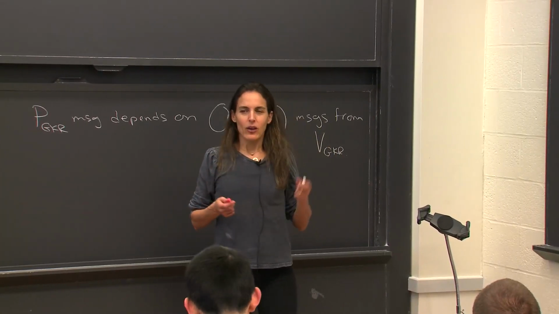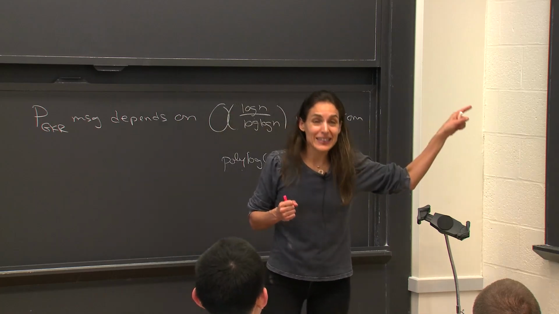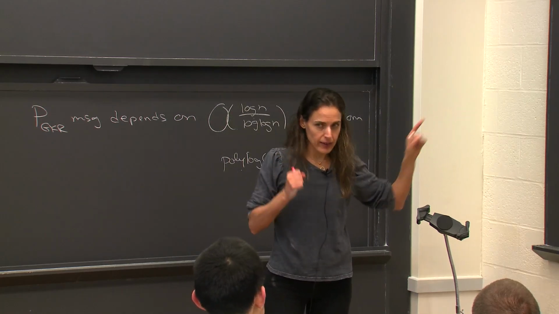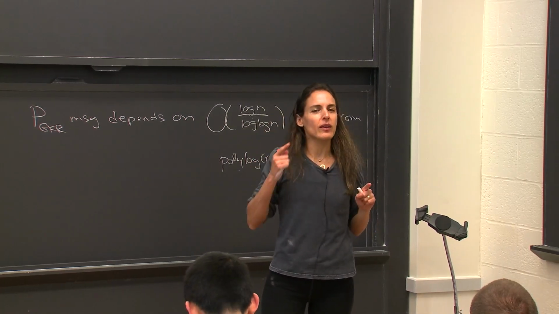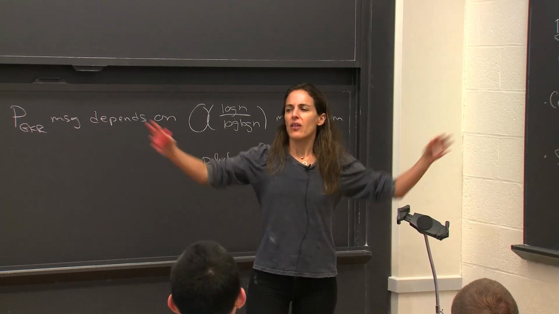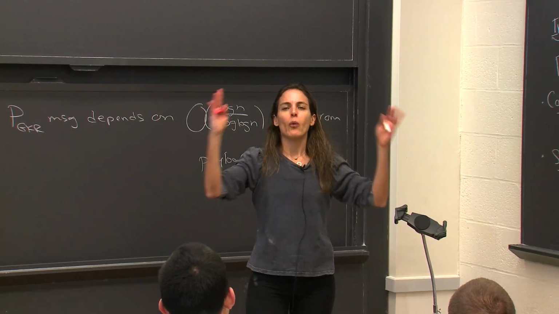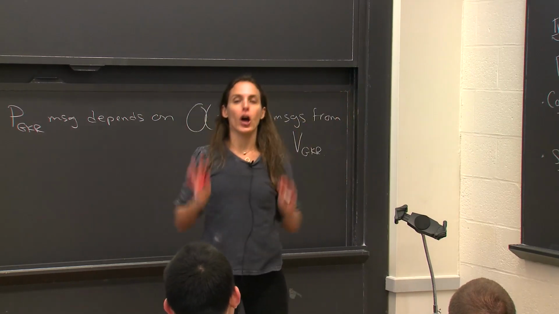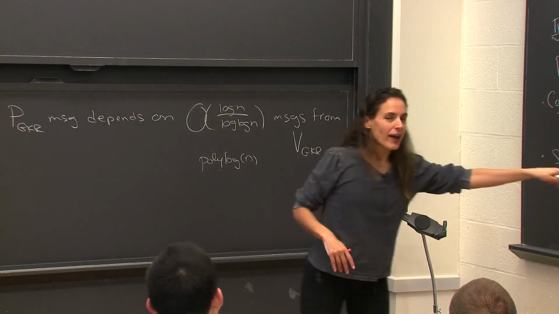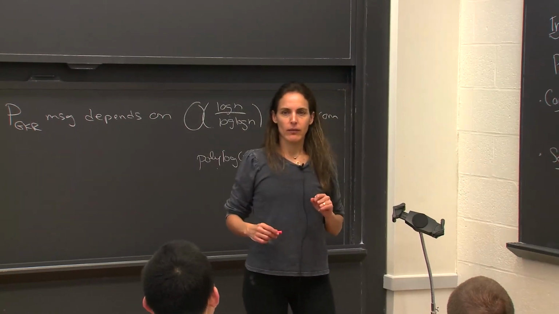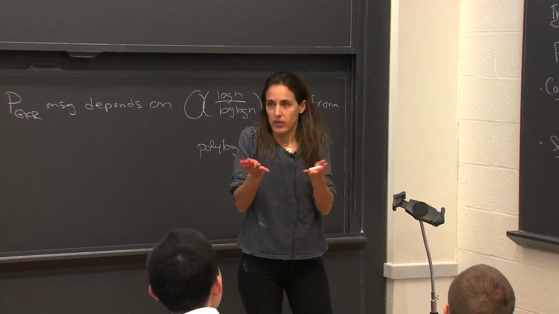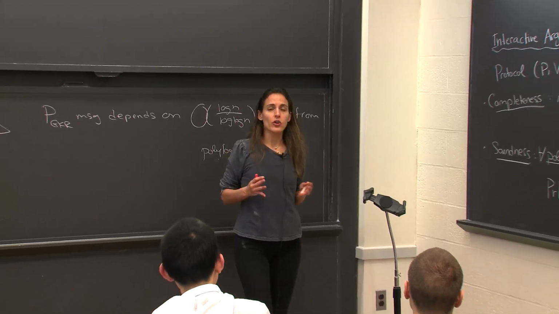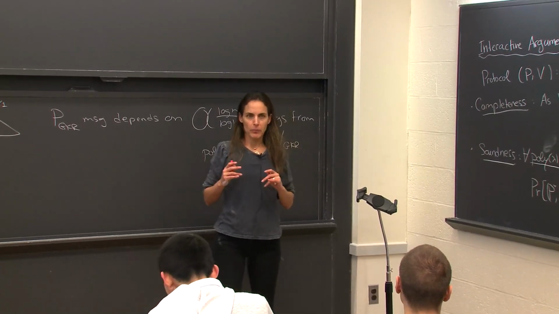Why? Because our goal is to come up with succinct arguments. In particular, one example to keep in mind is, let's say the input n can be really huge, but I want the communication complexity to be polylog n. So think of lambda as being like polylog n. Everything's going to grow with the security parameter, but let's take the security parameter to be polylog n.